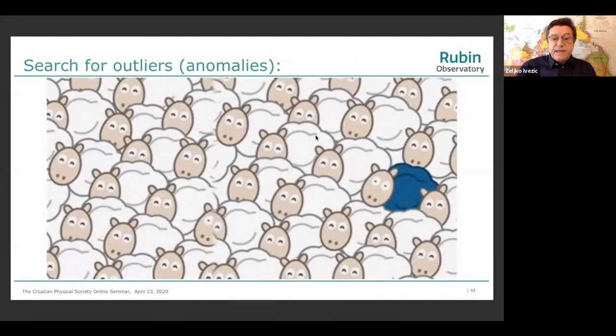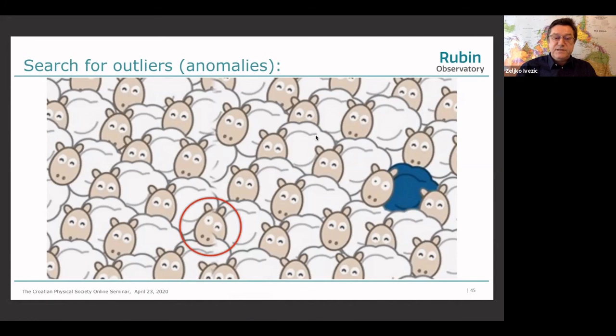Here is one example. I'm using sheep, but I could use galaxies as well. What I'm trying to find out is which of these sheep is different from the other ones. I'm looking for my outlier. You may guess, oh, this sheep in the blue sweater, that's your outlier. And I would say, no, that's just a different population of sheep that likes blue sweaters. What I'm really looking for is this guy.